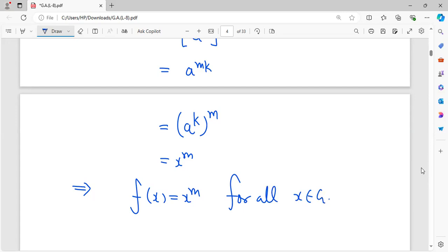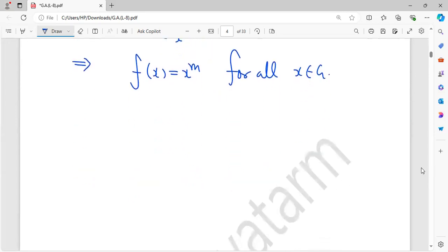Okay. So this implies we write f(x) is equal to f_m(x).